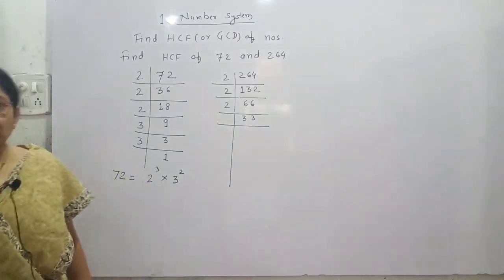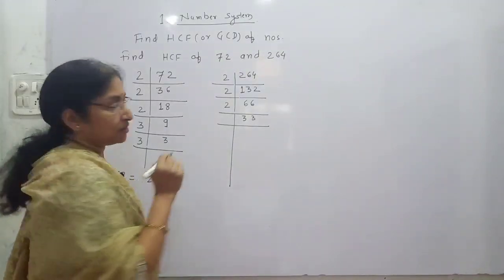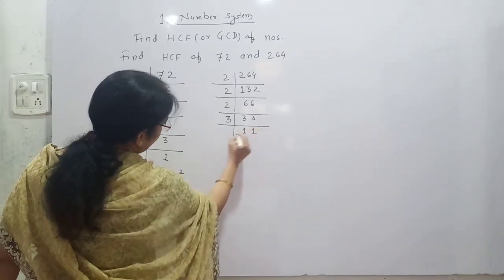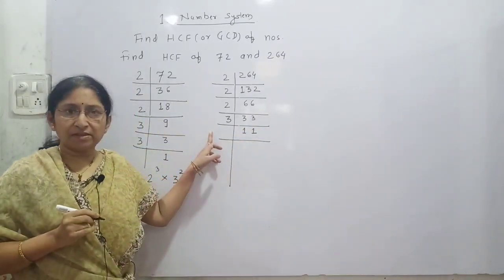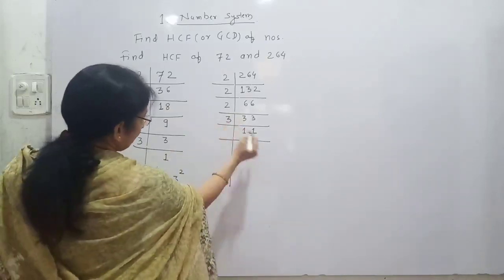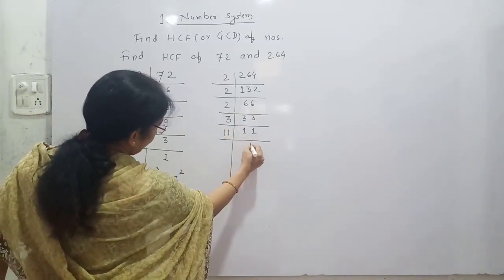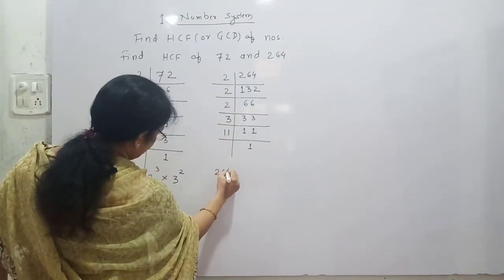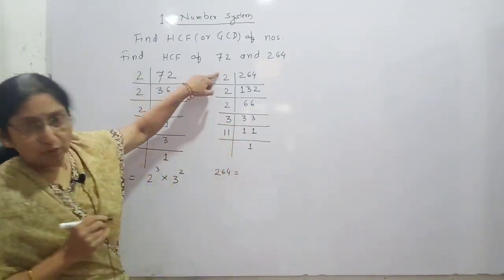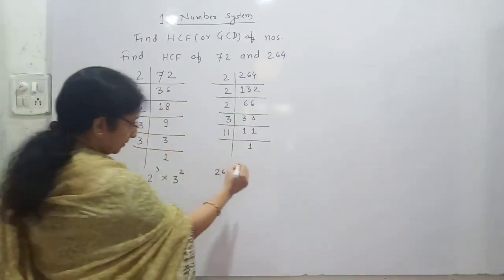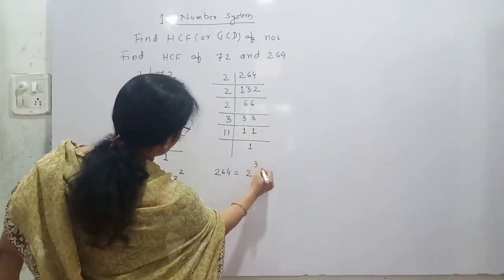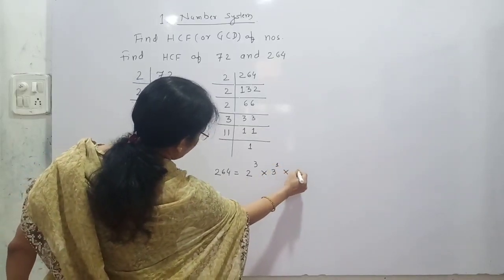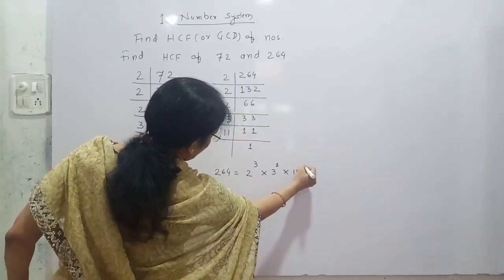Now the prime factor of 33 is 3. 3 1s are 3, 3 1s are 3. 11 itself is a prime number, so the factor of 11 is 11. So the prime factors of 264 in index form: 2 occurs 3 times, so 2 raised to 3, multiplied by 3 raised to 1, and 11 raised to 1.